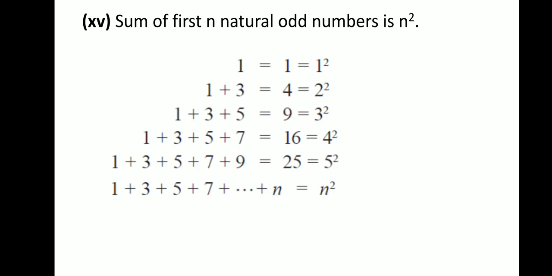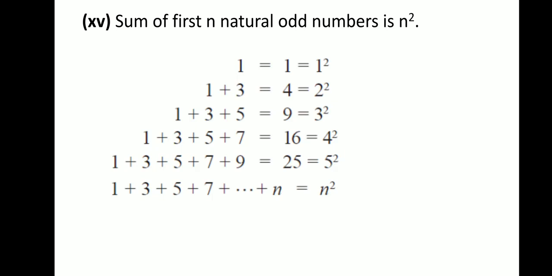So we have observed that if I look at the second step, 1 plus 3 is equal to 2 square, which is equal to 4. If I add two consecutive odd numbers, then I get a square number. And these are triangular numbers also, as we have studied in the previous property. If I add 3 consecutive odd numbers, I get 3 square, which is equal to 9.